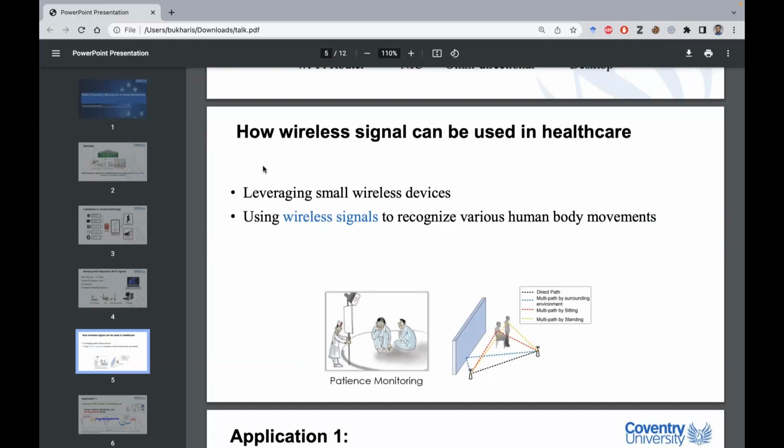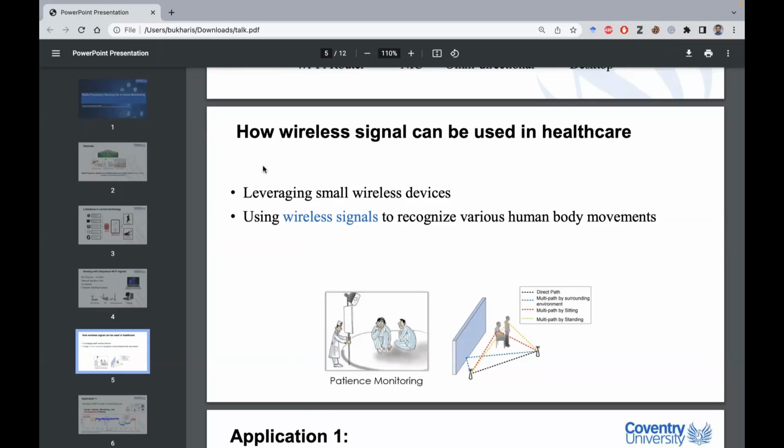You might be aware the radio frequency signal, when it propagates from transmitter to receiver, propagates through different physical paths. Number one, in line of sight direction. If the person is sitting on a chair, there will be some signals that will be received in direct line of sight.